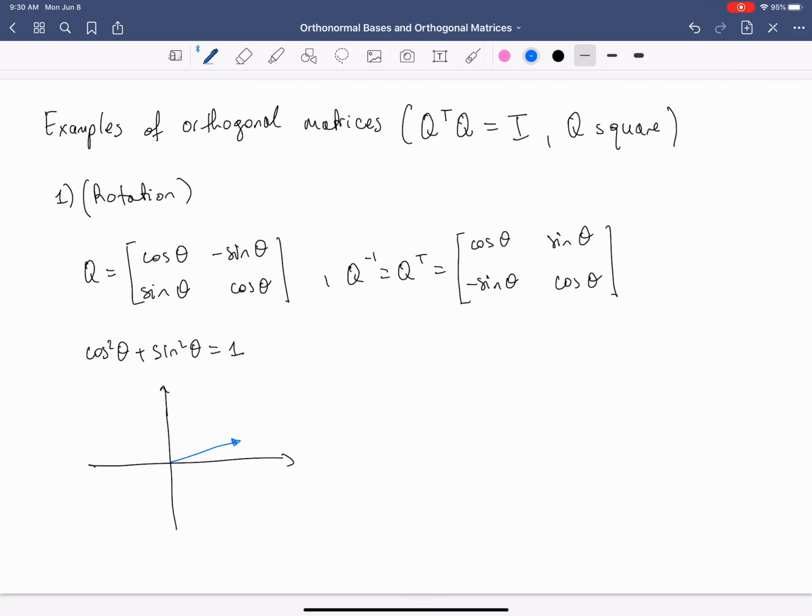So the new vector would be there, for example, and the difference between the two will be theta. So you would have the same length of the vector. Lengths are going to be preserved, but you will have that rotation. Now this is for one vector, but imagine this matrix does it for all the vectors. So if you multiply this matrix by any vector in the 2D space, then you will get its rotated image.